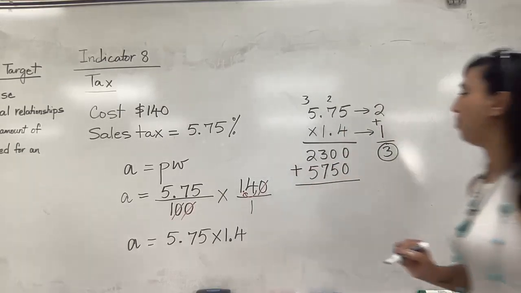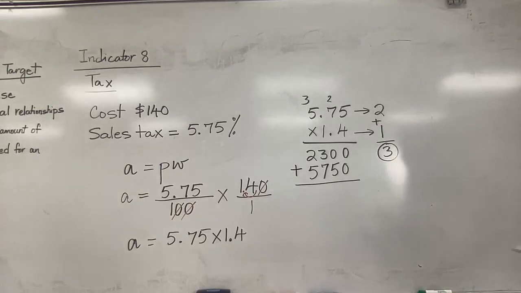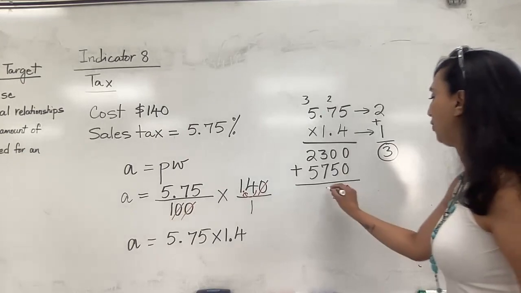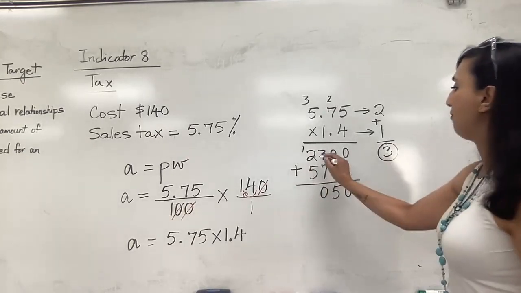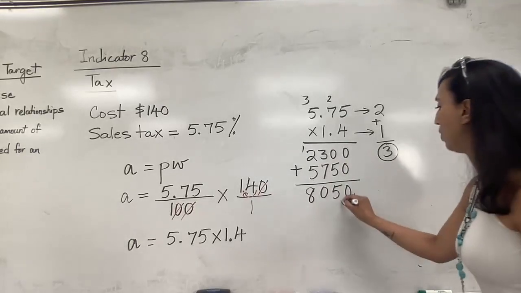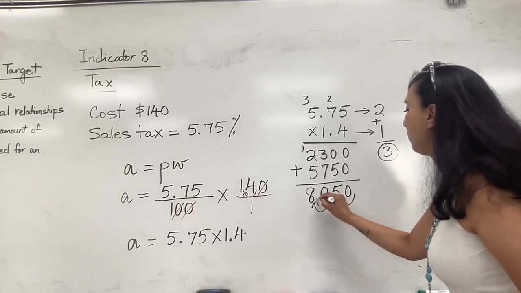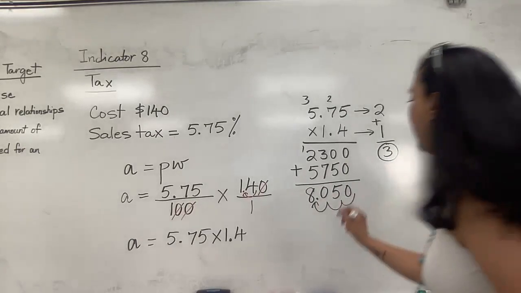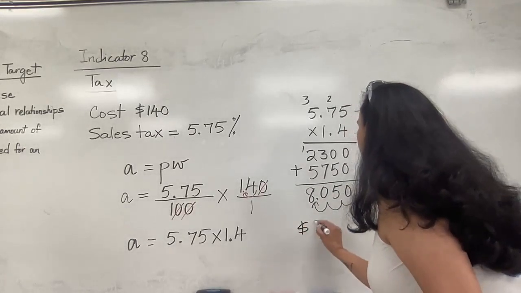Okay. Now, when I add this, I get 0, 5, 7 plus 3, 10, carry over 1, 5, 6, 7, 8, right? And then I've got this, so I go 1, 2, 3, and the amount of tax that I am paying is $8.05.